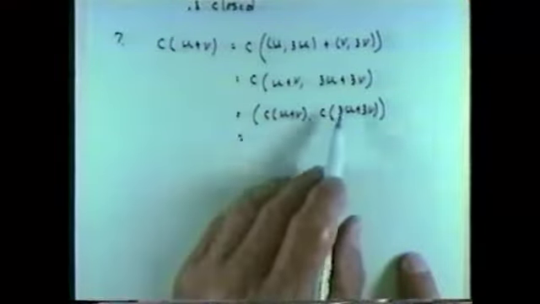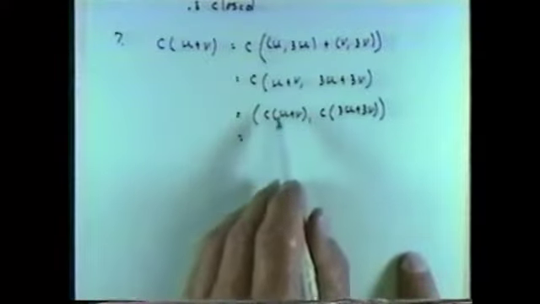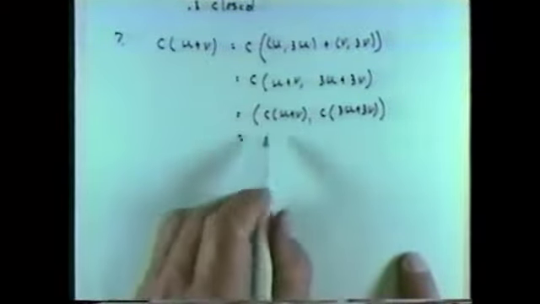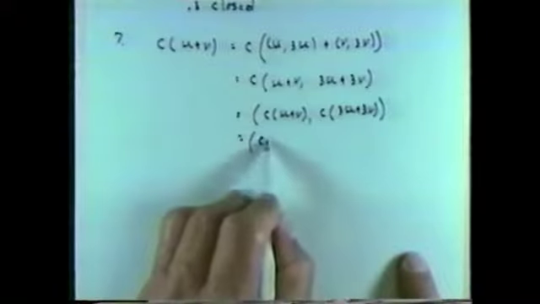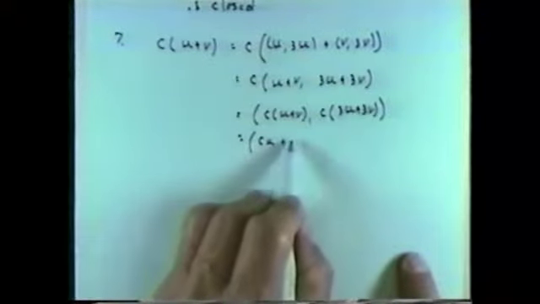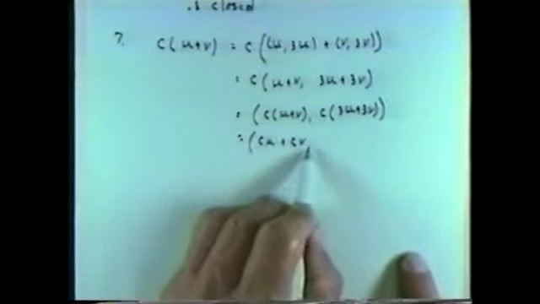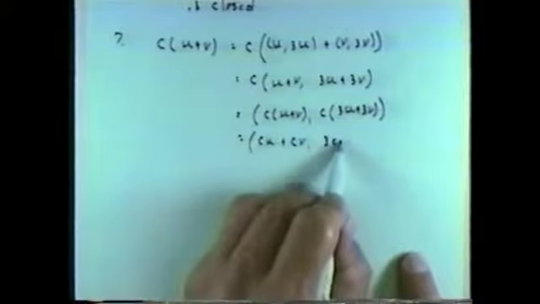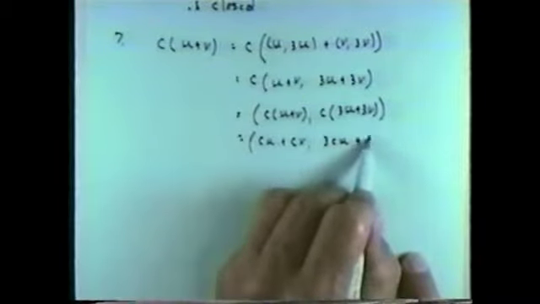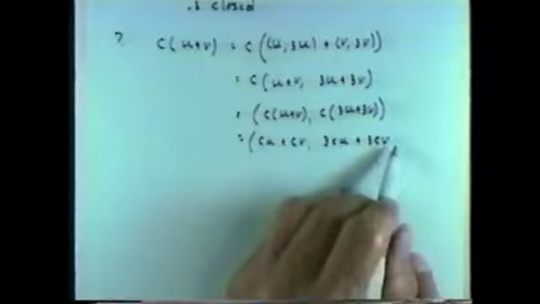Now, since u and v and 3u and 3v are just real numbers, I can use the distributive property of real multiplication over addition to get (cu plus cv, 3cu plus 3cv).